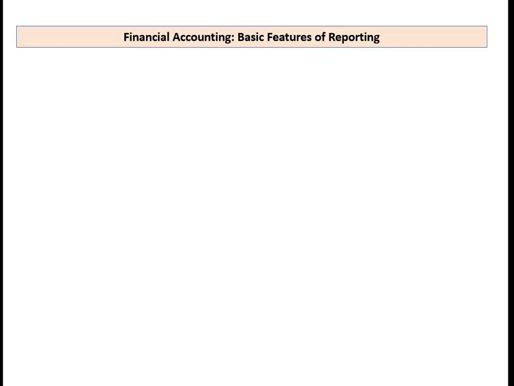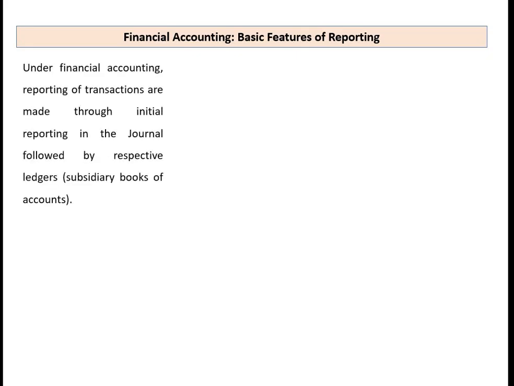Now if you see the basic features of reporting in financial accounting, as you are aware, these include collection of data, then generalizing, then summarizing or making your trial balance, and ultimately reporting these transactions.